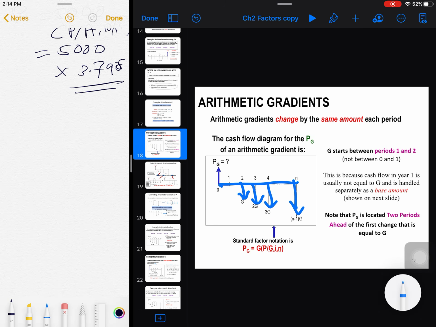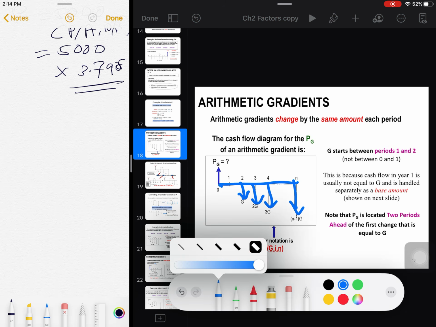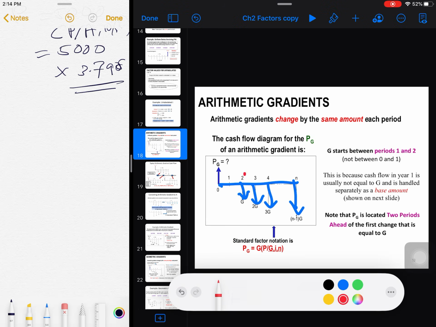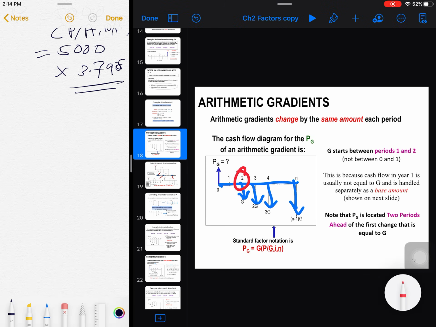G starts between period 1 and 2. So you have to be aware that if you use PG, G always starts at n equals 2, not at 1.